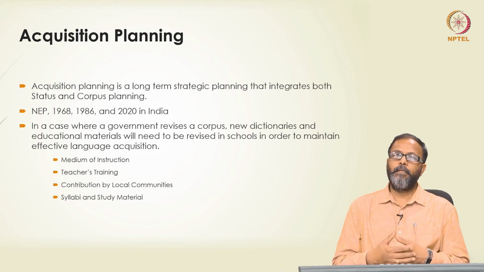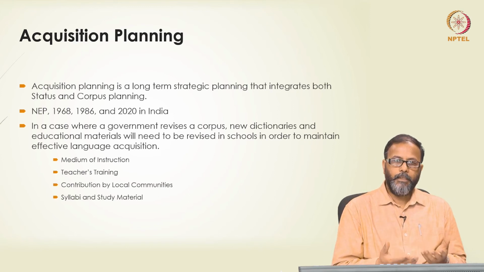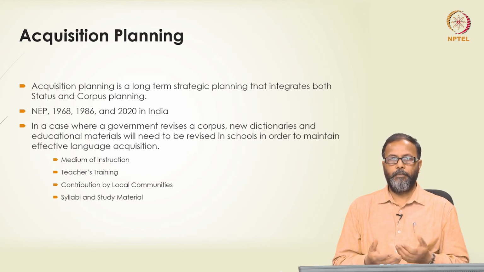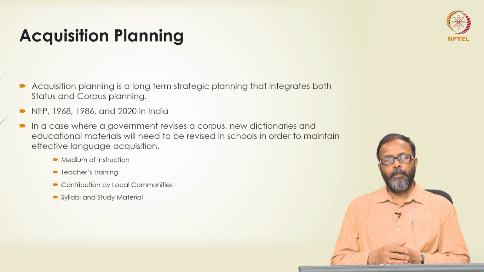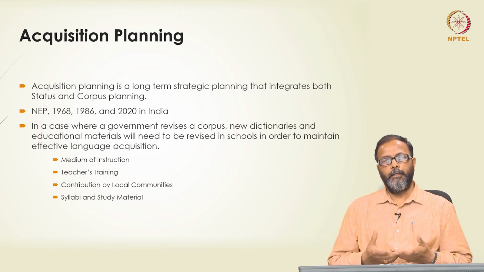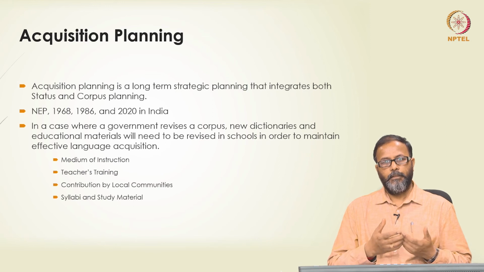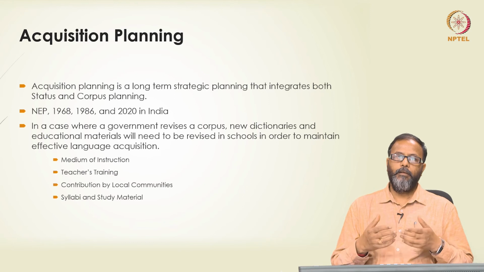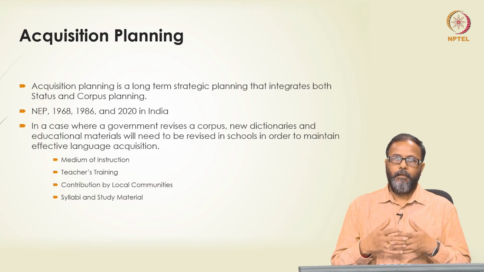And this is how you are increasing the user base. More and more people start using this standard language, right? So acquisition planning is a long term planning which implies status planning and corpus planning. So they are all related, right?